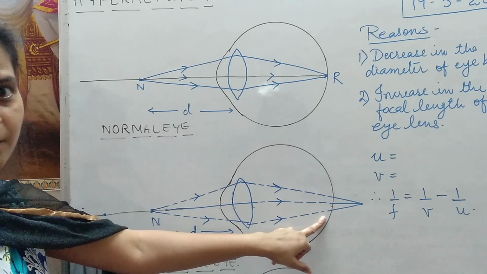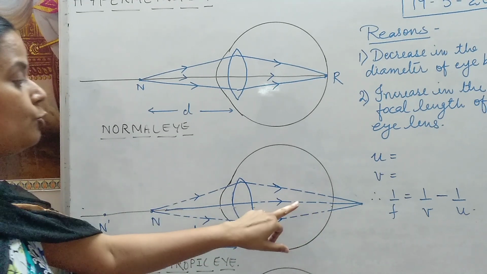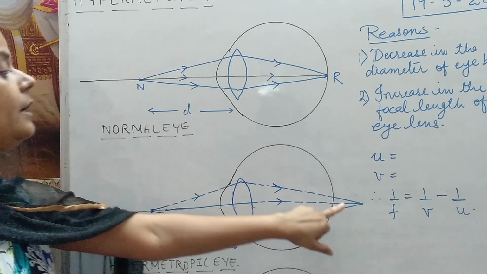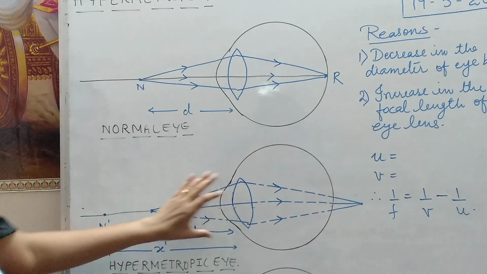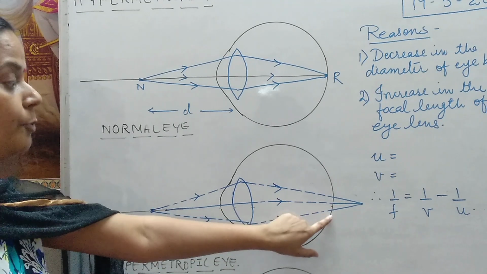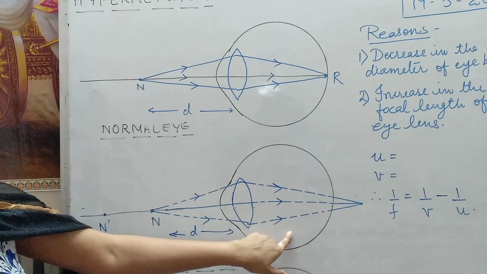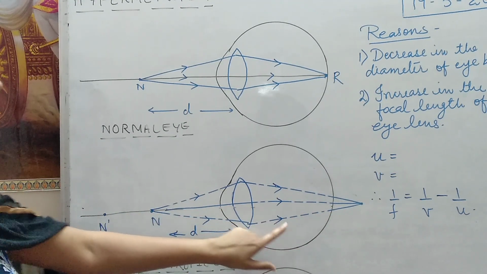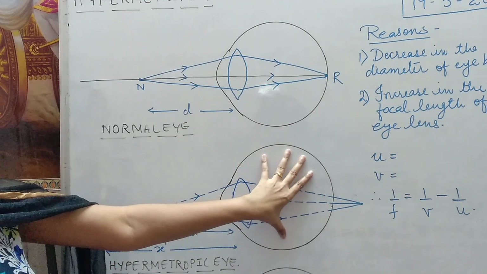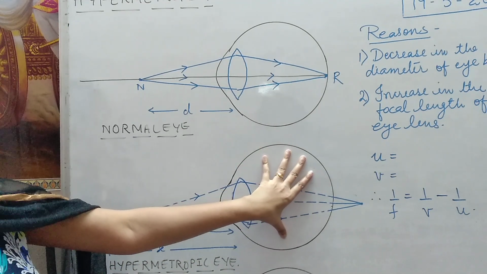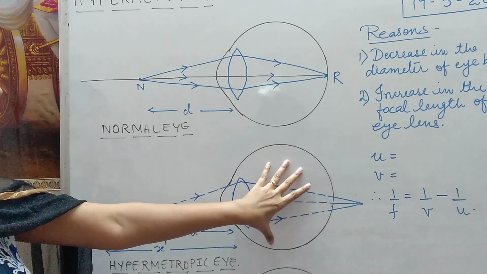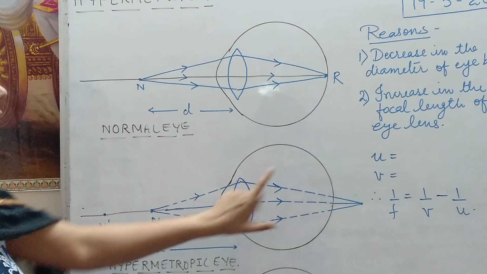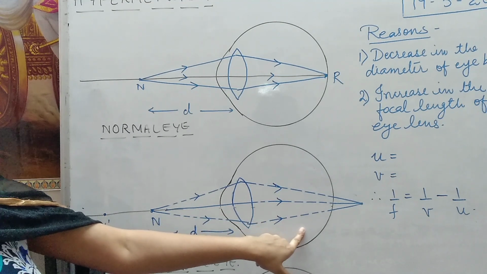In myopia we have done that these rays used to meet before the retina, and here it will cross the retina and they will meet after the retina. So this is the problem. So what can be the reason behind it? The reason is either the size of the eyeball decreases, that means the diameter of the eyeball decreases, or the focal length of the lens increases.